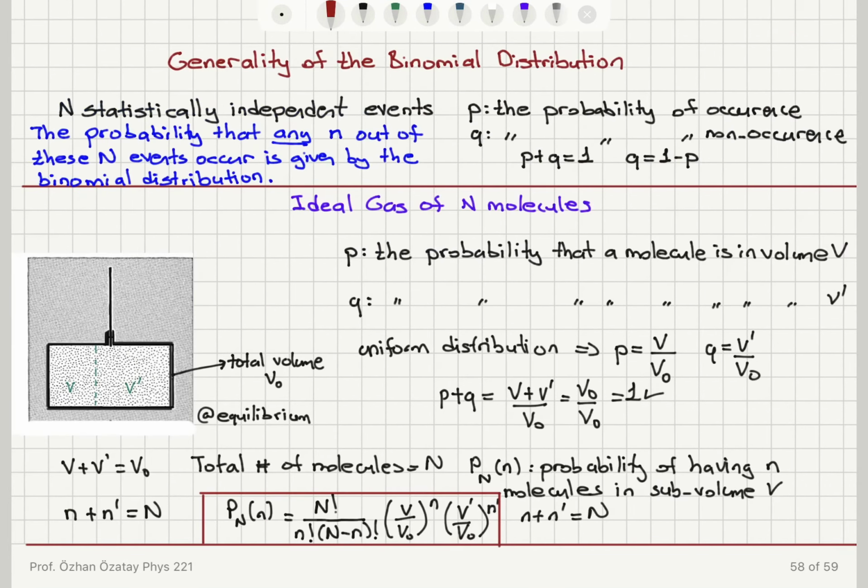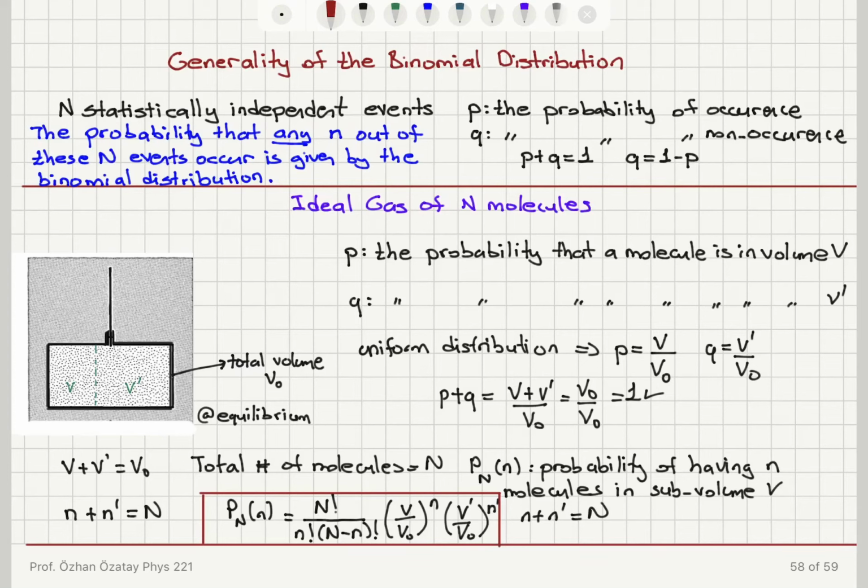Okay, so let's summarize what we said. If you have n statistically independent events, for example, tossing n coins and dice, looking at an ideal spin system consisting of n spins, if you do an experiment on this system, you have n statistically independent outcomes.